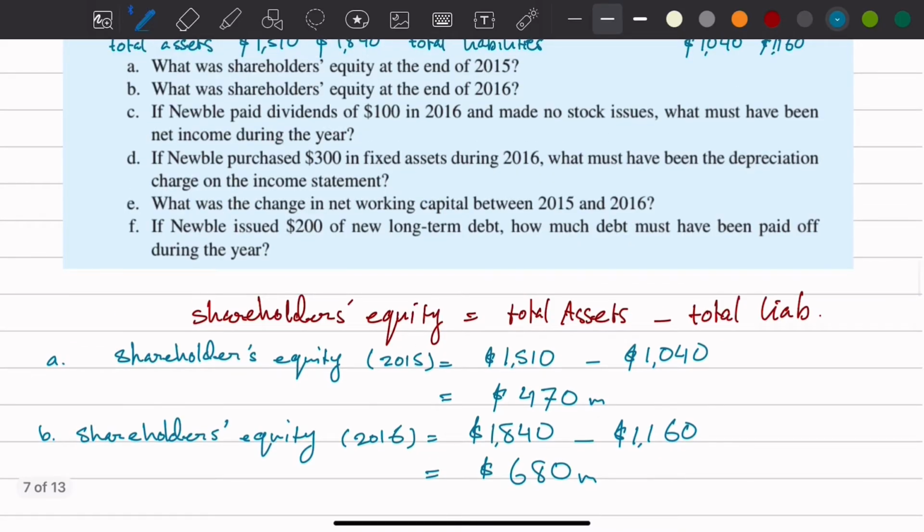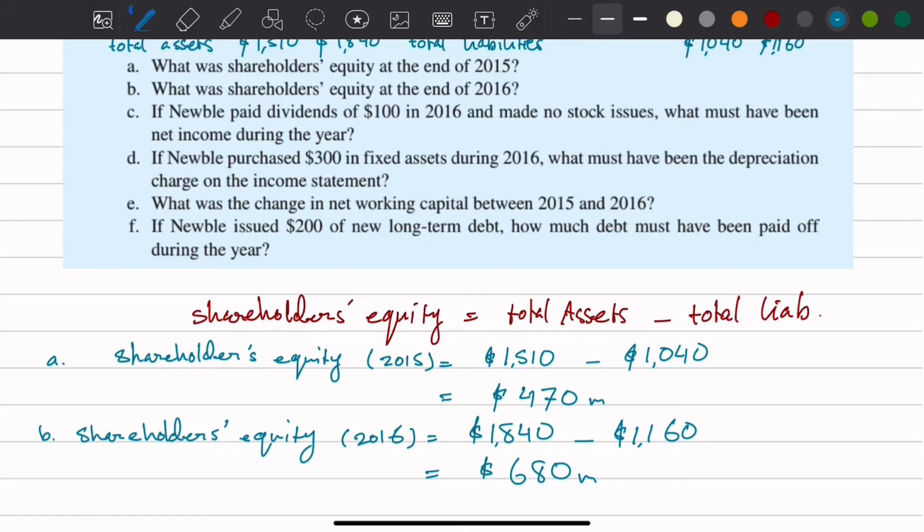And then for part C, it says if Newable paid dividends of 100 million in 2016 and made no stock issues, what must have been net income during the year?